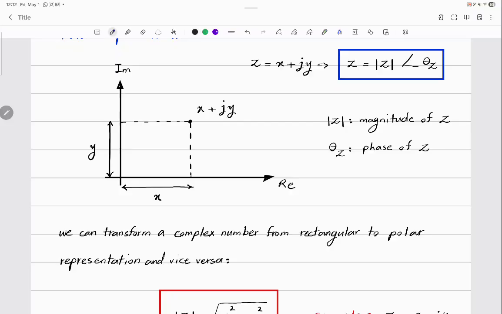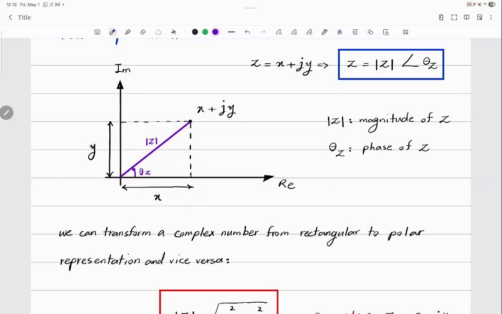Okay, so as you mentioned, the other way of representing this point is using the distance, or as we call it, the magnitude, and the phase or angle. Theta z and the magnitude of z.